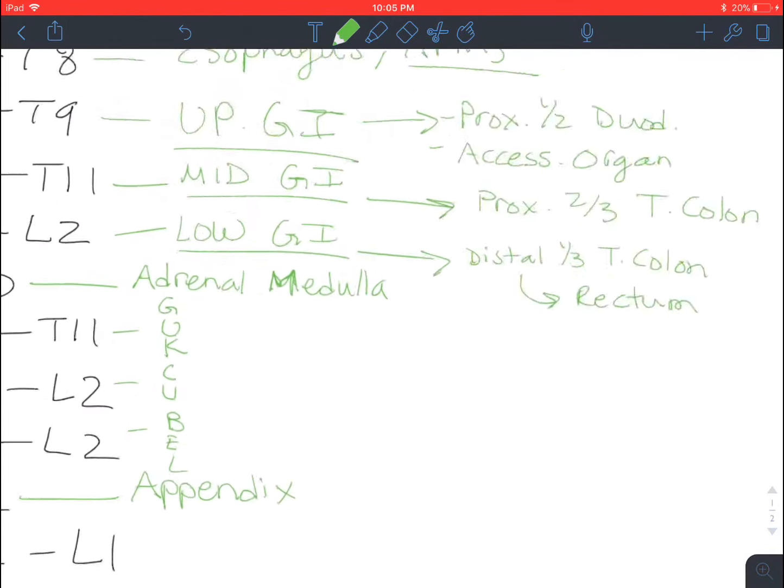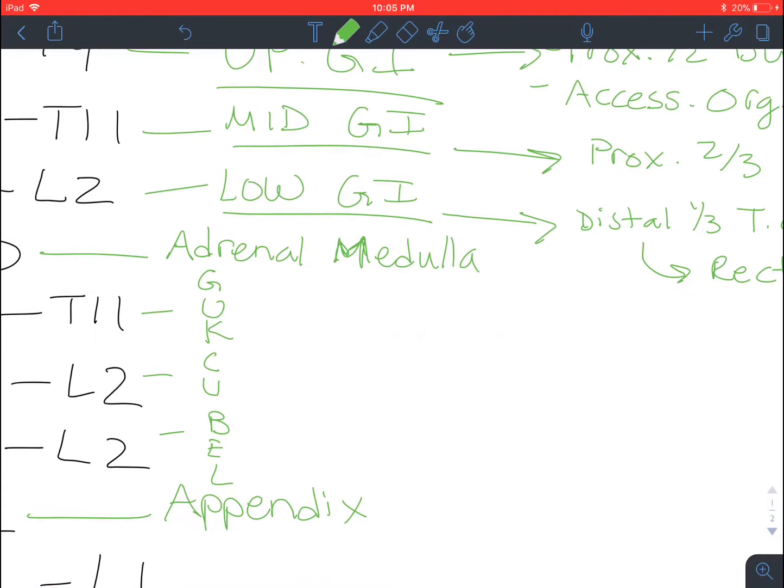All right, so we're just going to zoom in for a second. So you're going to have the gonads, which will be the ovaries and the testes. Then U will be for upper ureters, and then kidney, both of them.